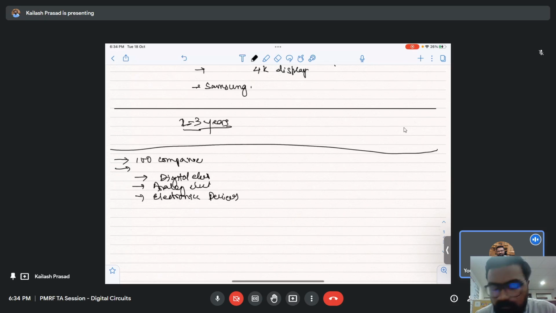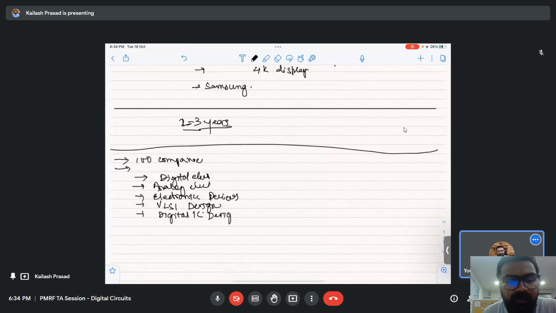Then you have to go to a higher level and learn VLSI design, and then digital IC design. These are a couple of subjects. If you go through your NPTEL course portfolio and learn, you will have very good basics for designing.